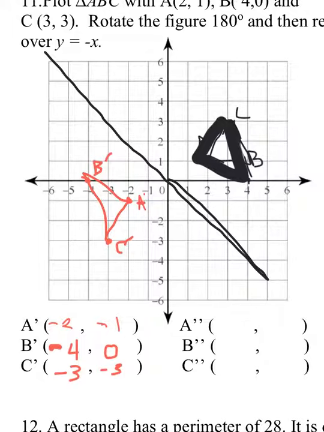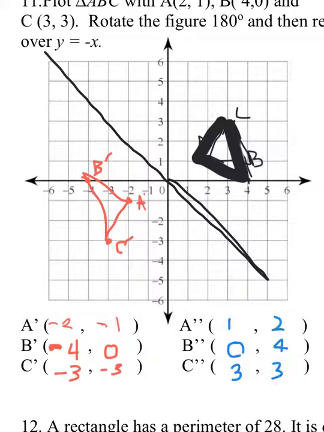And so, let's see, go blue. Like we said a minute ago, y equals -x, you're going to flip the order and change the numbers. So A will be at 1, 2. B will be at 0, 4. And C will be at 3, 3, which will take it back.